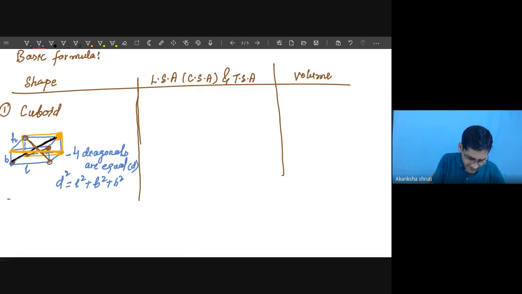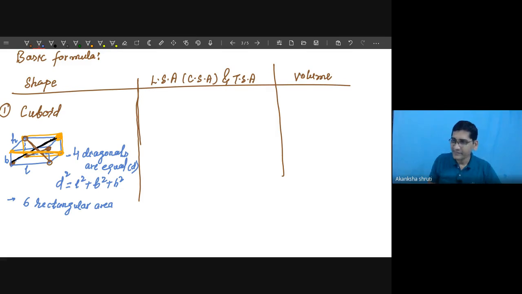How many surface areas or planar surfaces? So you can understand like this. Consider this shape: 1, 2, 3, 4, and one top, another bottom. So 6 rectangular areas.